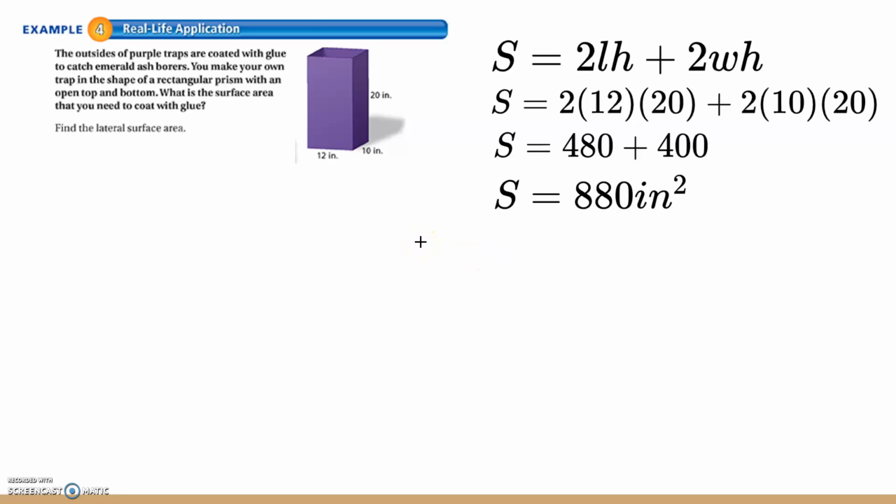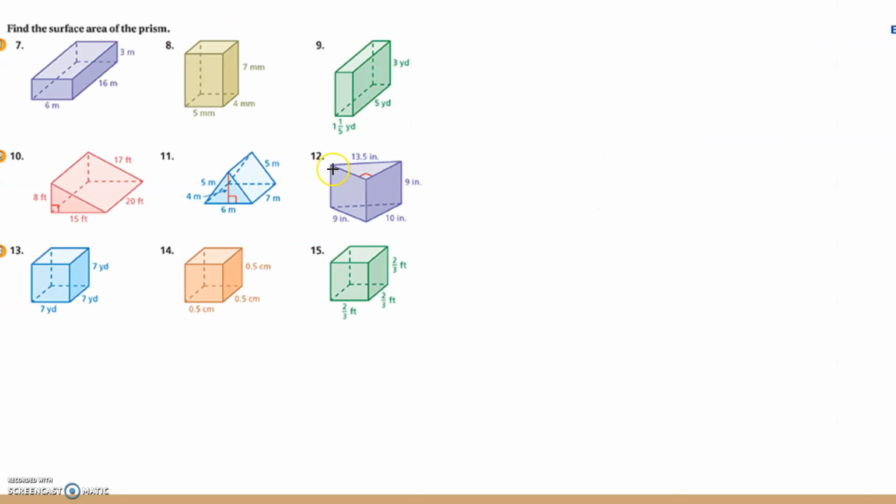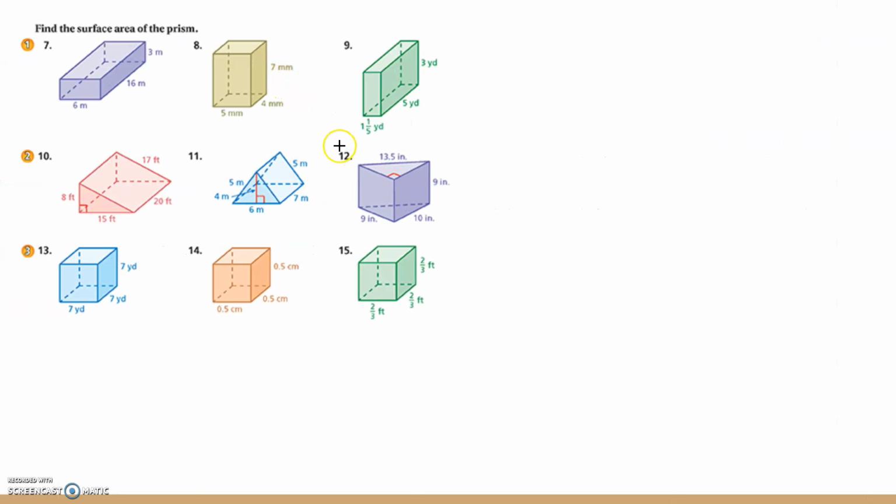So now we have covered all the topics that we needed to cover, and there are some practice problems right here for you to do. There are nine problems right here. They go over each of the topics that we talked about earlier. So here are the surface area of the cubes, the surface area of the rectangular prisms, and the surface area of the triangular prisms.